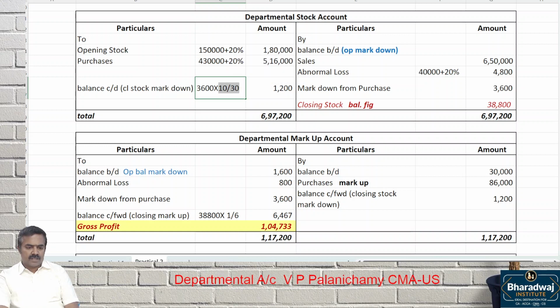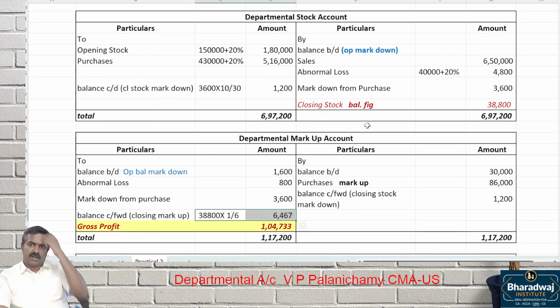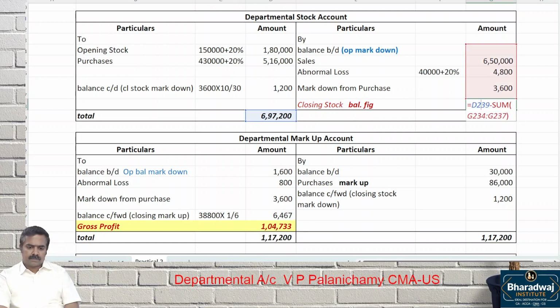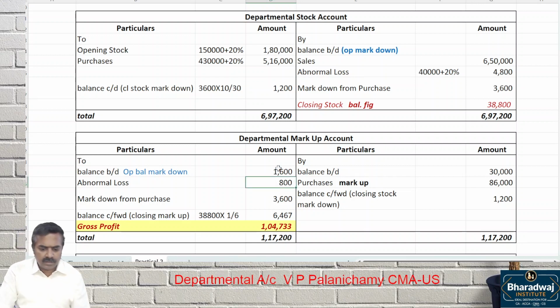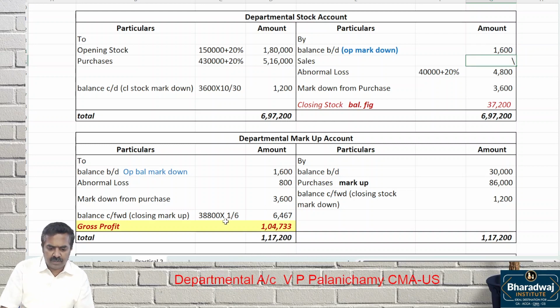This is the markdown proportion in closing stock alone. Once we adjust the markdown, we'll get the remaining stock as a balancing. That is the invoice price. That into 1 by 6. 1/5 on cost, 1/6 on sales. Closing stock 37,200. Which one is 1,600? The markdown. For 37,200 into 1 by 6.